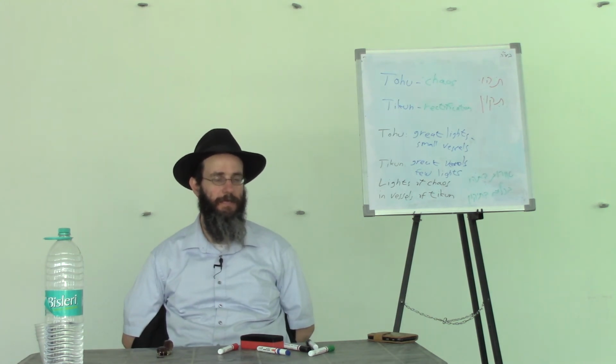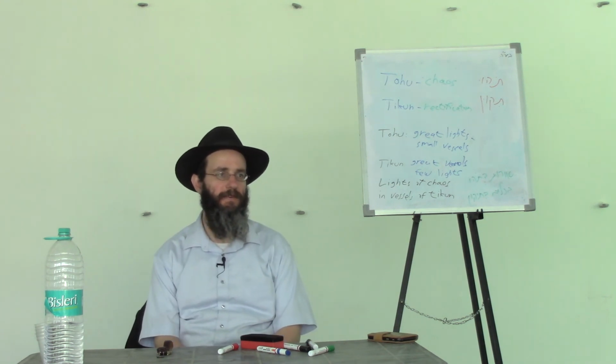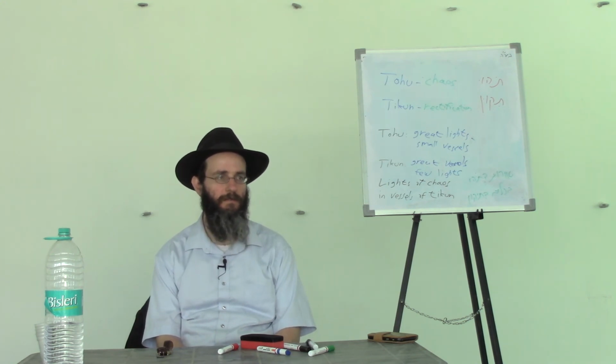But there is something that all people should have in common if we're to understand what the world of Tikkun means, and that is that all these vessels are grounded seriously within the world of adults and the world of responsibility.